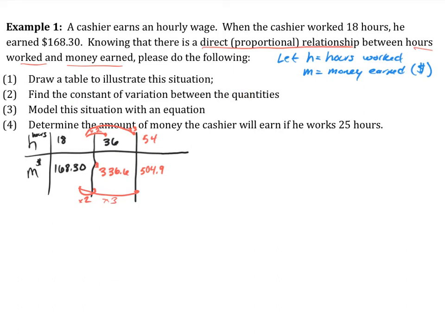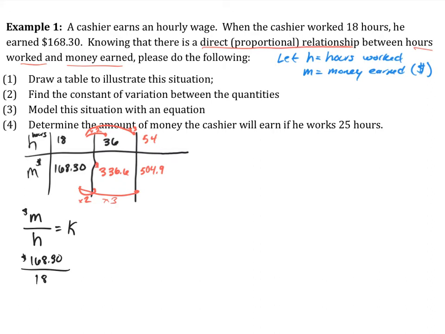Find the constant of variation between these two quantities. I know that a direct variation, if you consider the ratio between these two quantities, so if I take the ratio of the money earned and divide by the number of hours, that needs to equal some constant, which I'll call K. So in this example, I know $168.30 was earned over 18 hours.